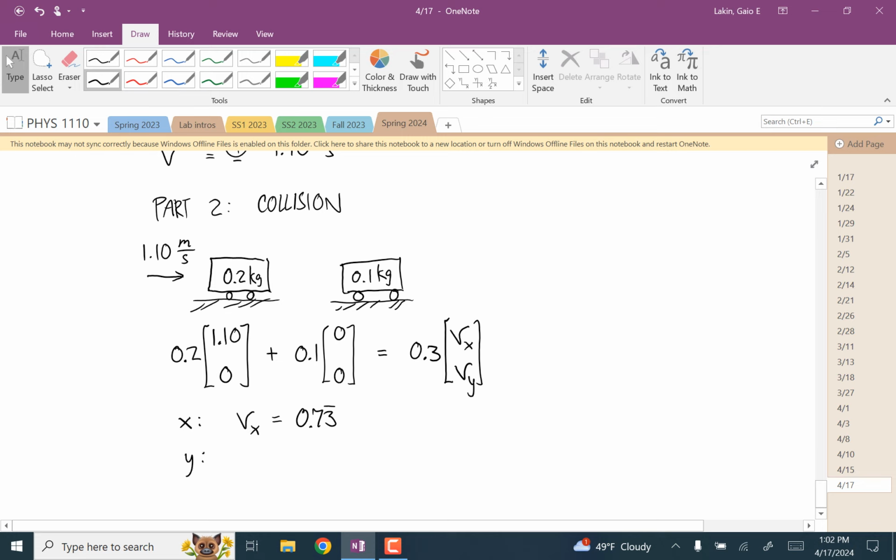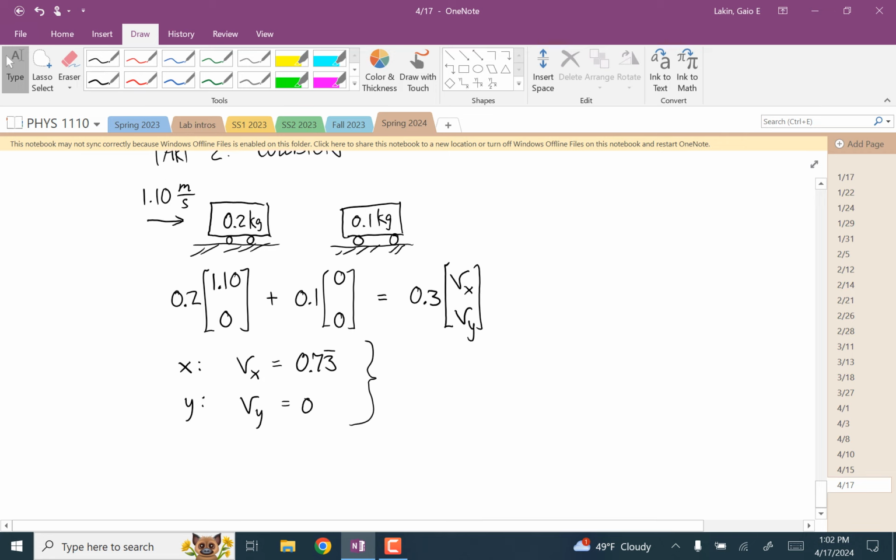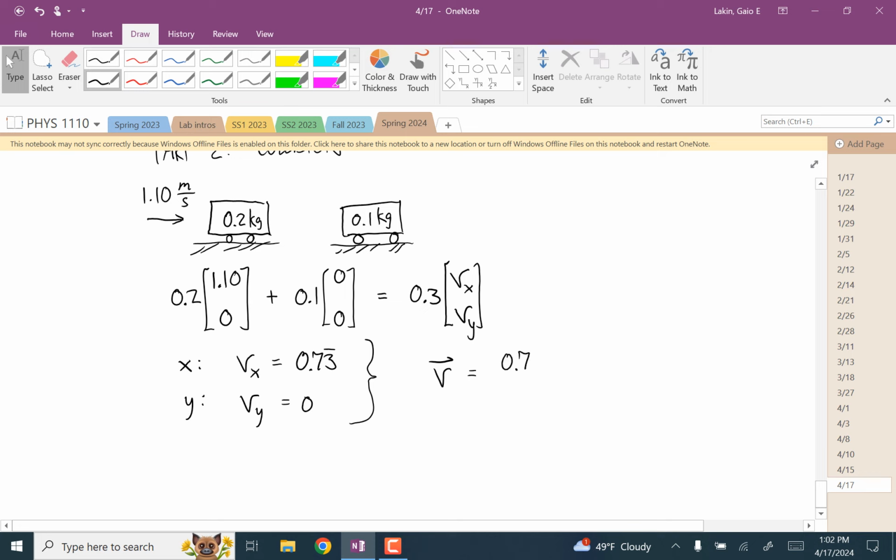The y equation says Vy is equal to 0. And so together, these say that after the collision, the velocity is 0.73 repeating, 0 for y, or in other words, moving in this direction at 0.73 repeating meters per second.